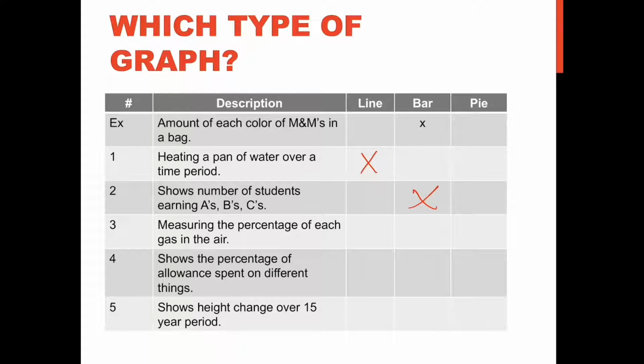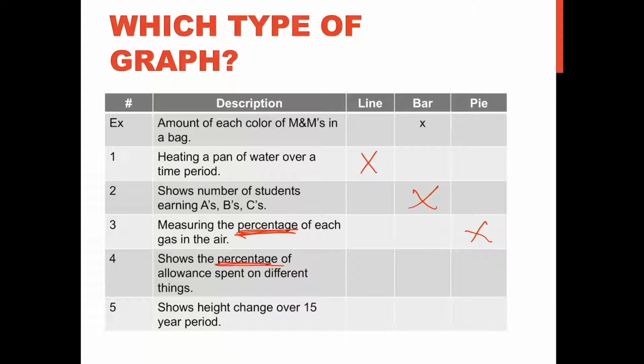What about measuring the percentage of each gas in the air? Hint, hint, keyword percentage. So in this case, we're going to use a pie chart because it's a part of a whole. We are looking at small percentages or large percentages of gases in the air that equal up to 100. What about shows the percentage of allowance spent on different things?